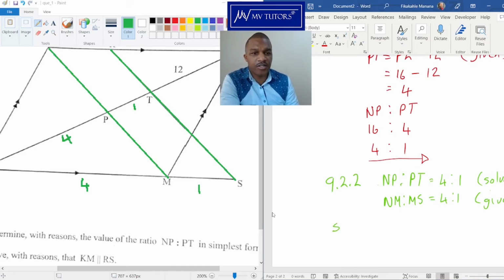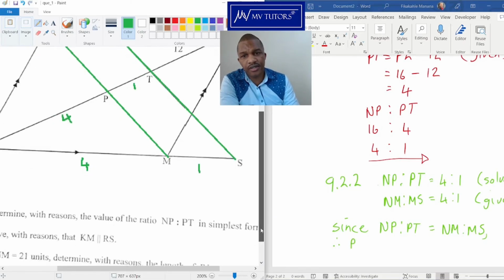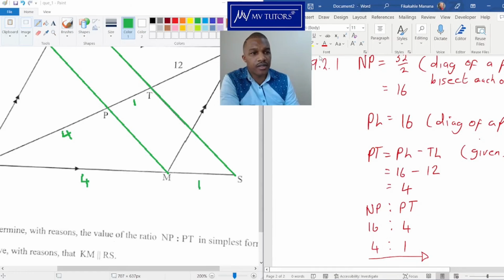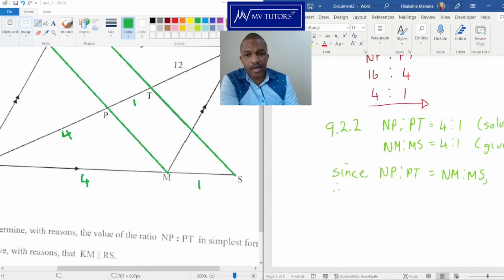So since NP is to PT is equal to NM is to MS, therefore KM must be parallel to RS.